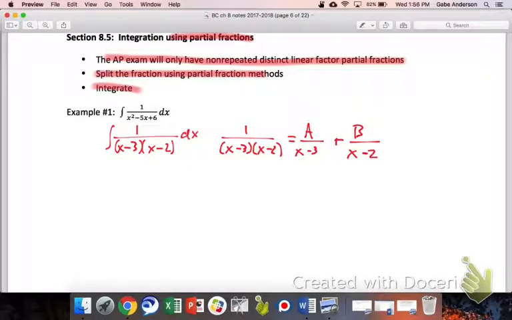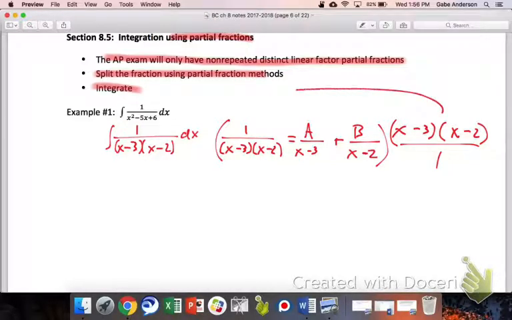So you're basically saying the fraction that I've got in there is equal to two fractions being added together. We just don't know what the numerators would be. So the way that we handle this is we clear out all the fractions, and we do that by multiplying by the least common multiple of all the denominators. Once you remember this, we'd probably skip this step real quick. Think about what's going to happen.